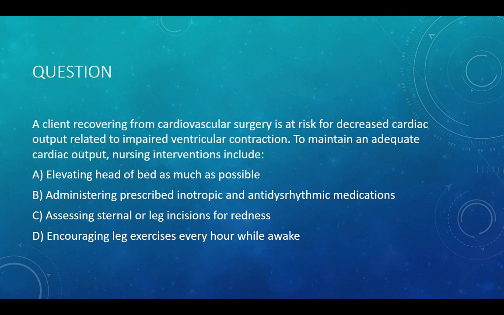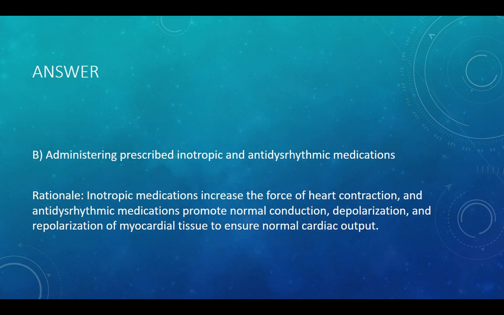Which one are you going to have? It is B: administer prescribed inotropic or antidysrhythmic medication. Inotropic medication increases the force of the heart contraction, and antidysrhythmic medication promotes normal conduction, depolarization, and repolarization of the myocardial tissue to ensure that those are all working fine.